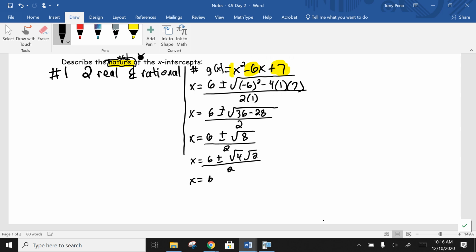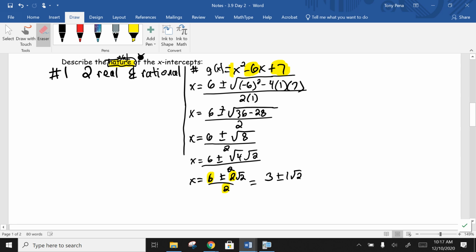So we should get 6 plus or minus a 2 root 2 divided by 2. If you stop there, not necessarily wrong. The quiz that I gave you last week, I expected you to simplify this. So the 6, the 2, and the 2 here are all divisible by a 2. So divide each of those by a 2, and we would get 3 plus or minus a 1 root 2, and then all over a 1. And since our denominator is a 1, we don't really need to show that. Okay? So that's what we get.